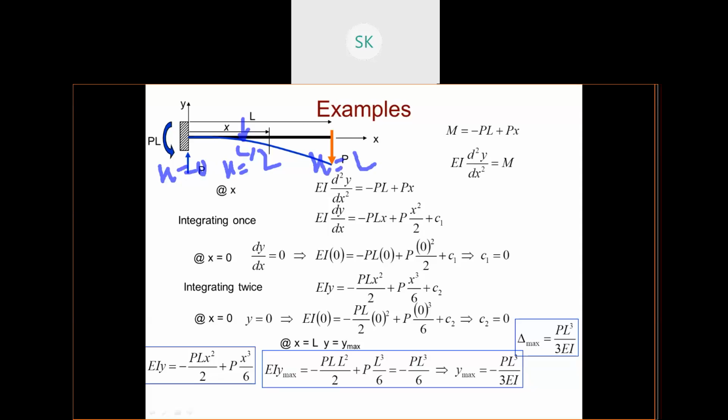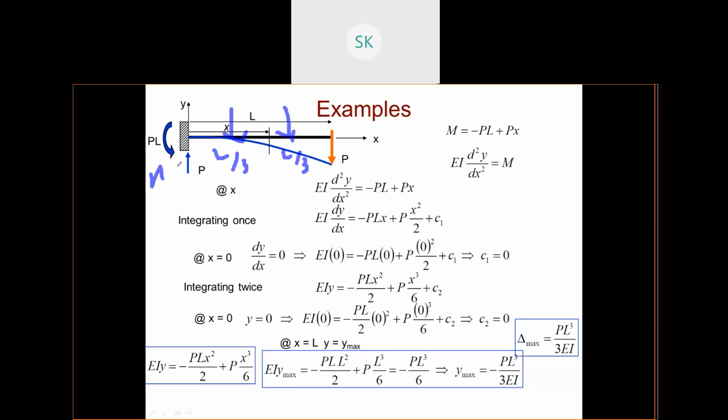Suppose I have been given one more load. Let me draw this one. Suppose there are two loads, one at L by 3 and another at 2L by 3.